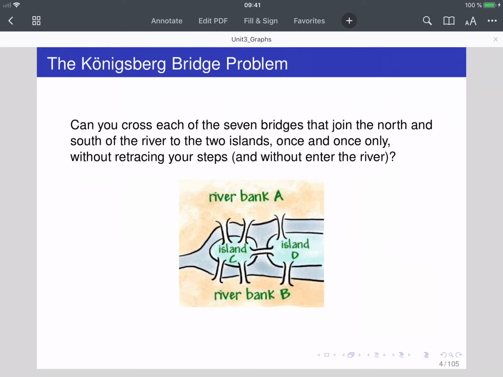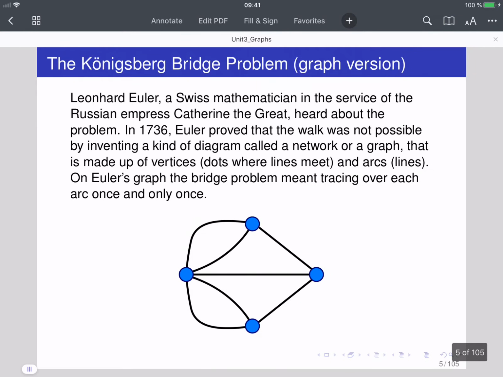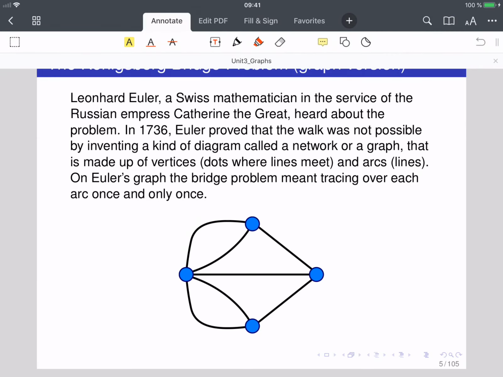Okay, so this game came to be known by the great mathematician Leonhard Euler, who immediately began to think about the solution to this problem. Euler thought about the game, and he realized that the only thing that was important was that we had four different places.